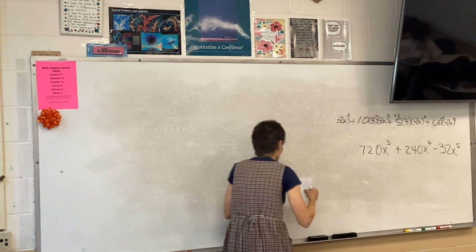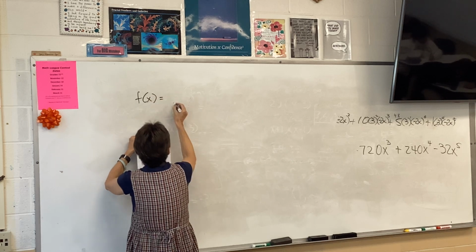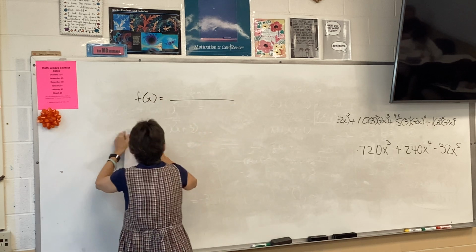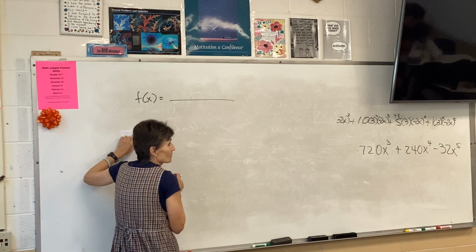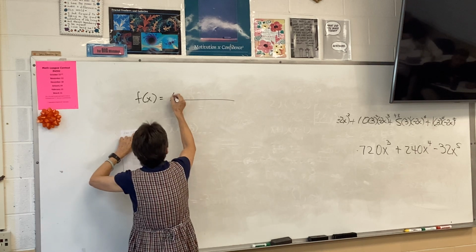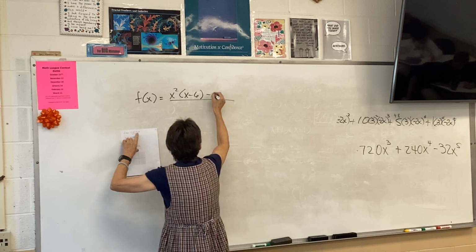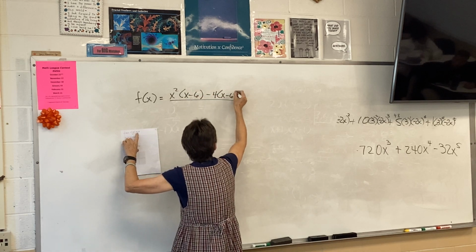All right, so here we go. How does that top factor? What in the world am I going to do with that? I hope you're all grouping. So x squared, x minus 6, minus 4, x minus 6.